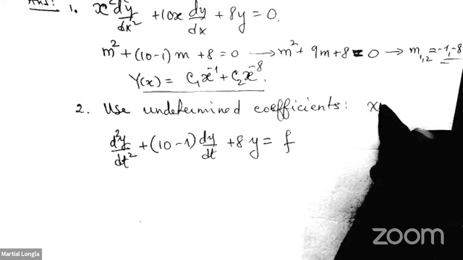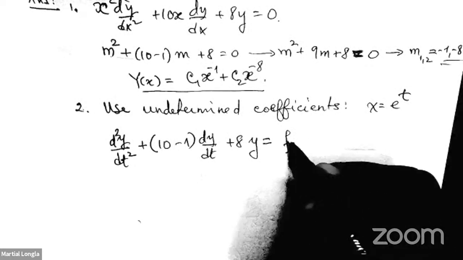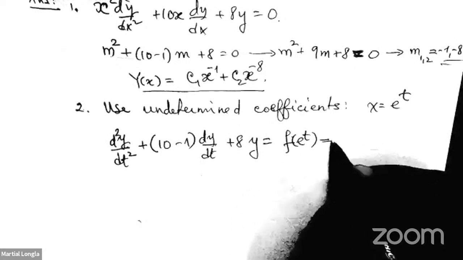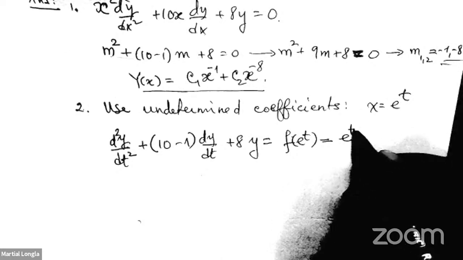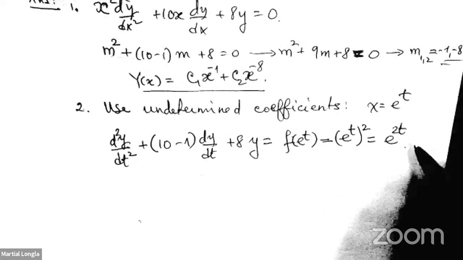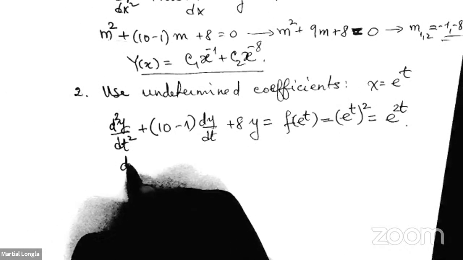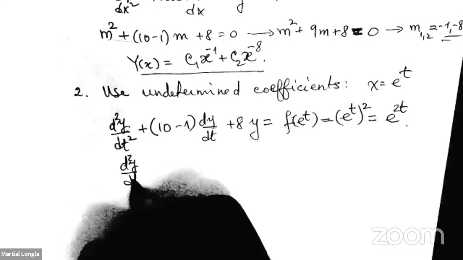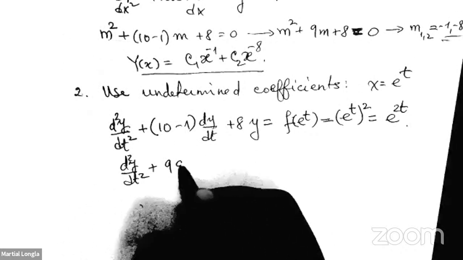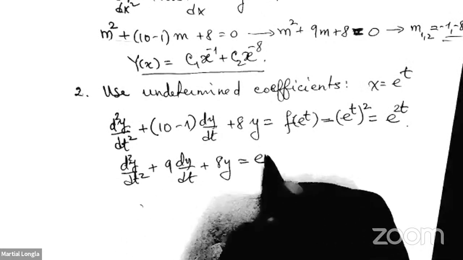For this, you set x equal e to the t, and f is x squared. F of e to the t in this case is e to the t squared, which is e to the 2t. So this is the equation: d2y over dt squared plus 9 dy over dt plus 8y equals e to the 2t.